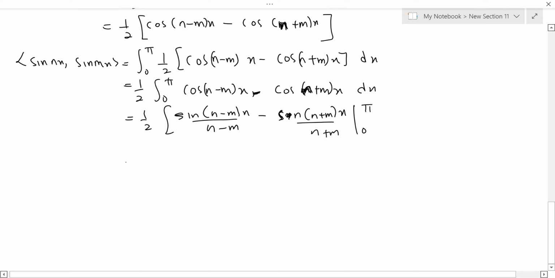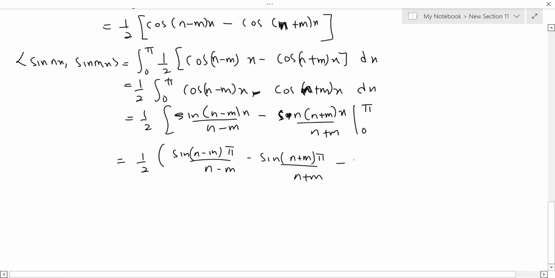So without wasting our time, let's insert pi there. You get sine(n minus m)pi over n minus m, minus sine(n plus m)pi over n plus m.